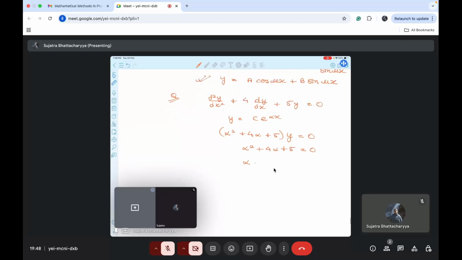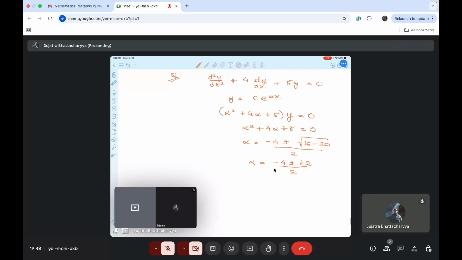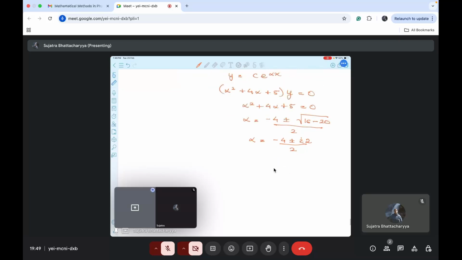So alpha will be minus 4 plus minus root over b square 16 minus 4 times 5 is 20, by 2. So alpha is equal to minus 4 plus minus iota, root 4 means 2. Okay. So this is what you will get. So now alpha becomes minus 2 plus minus i.